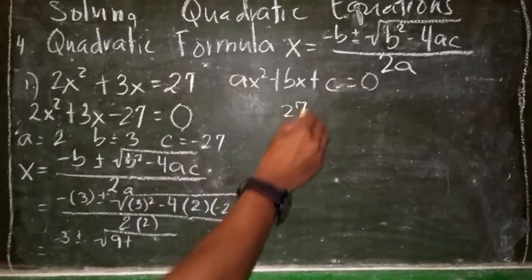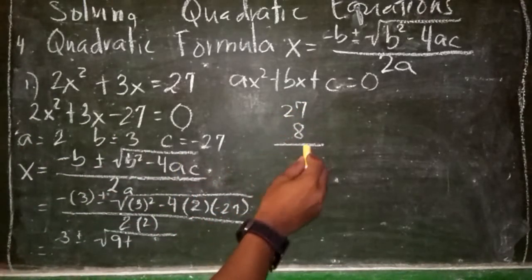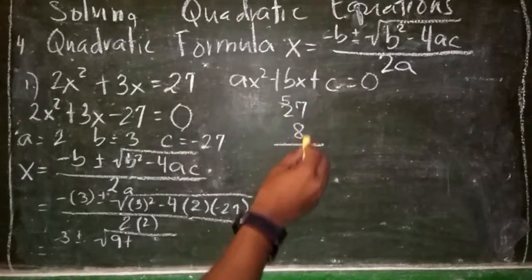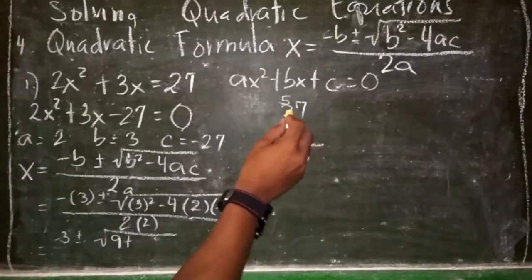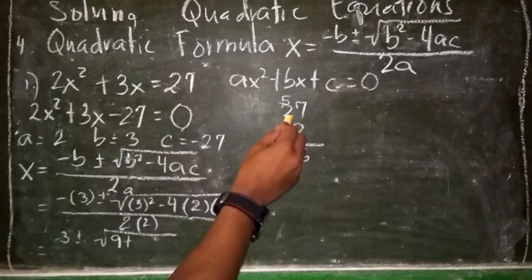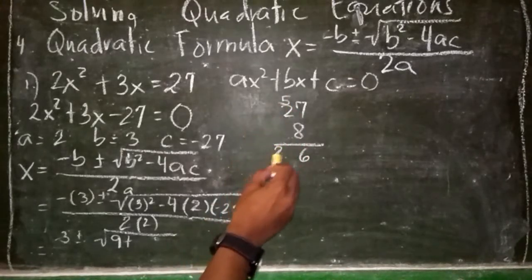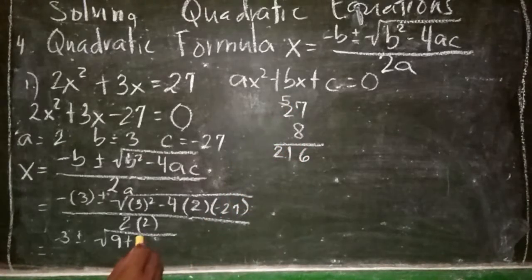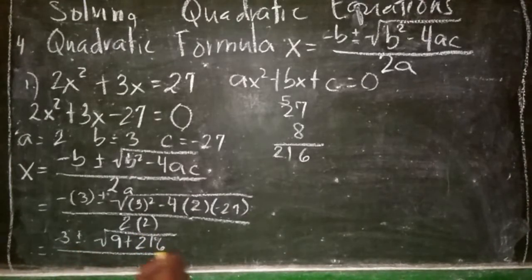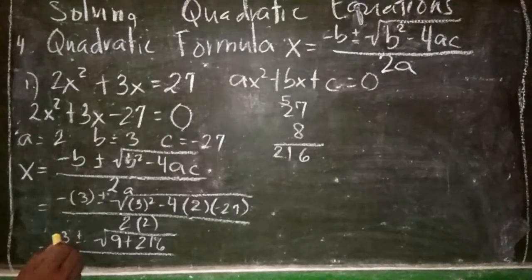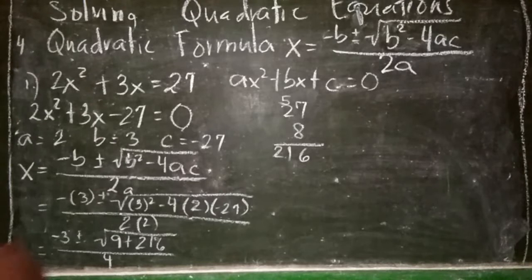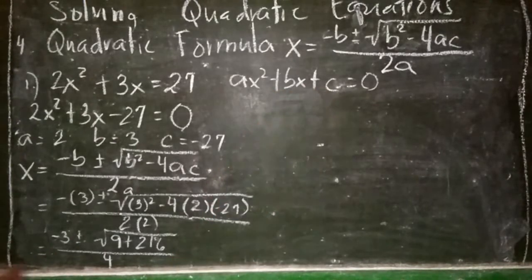So, 27 times 8, 216. Divided by 2 times 2, 4. So let's now continue.